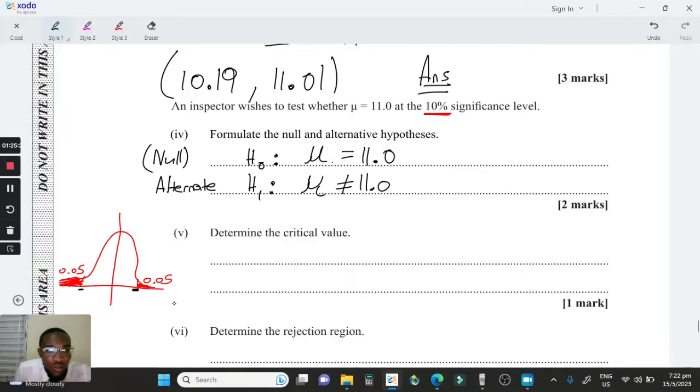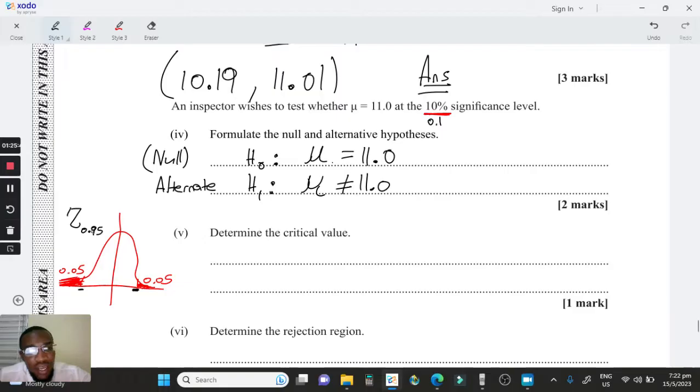To find our critical value, we're working out Z of alpha over 2. Alpha is 10% or 0.1, and 0.1 divided by 2 is 0.05.